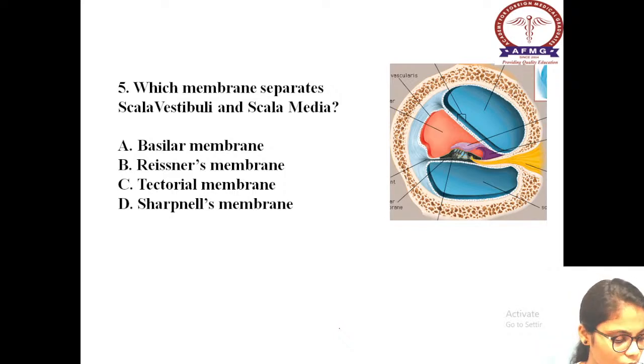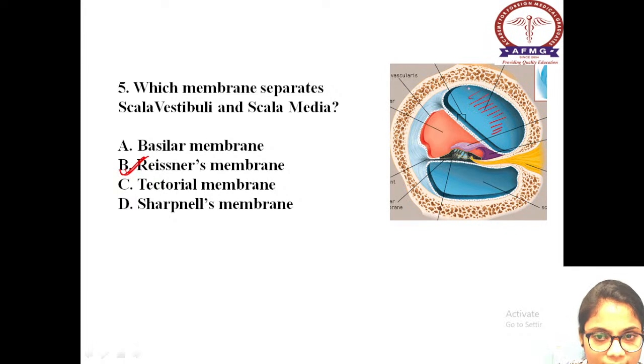The answer here is, if it is between scala vestibuli and scala media, then the answer is B. Reissner's membrane.